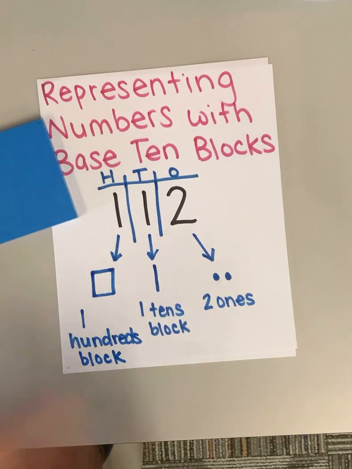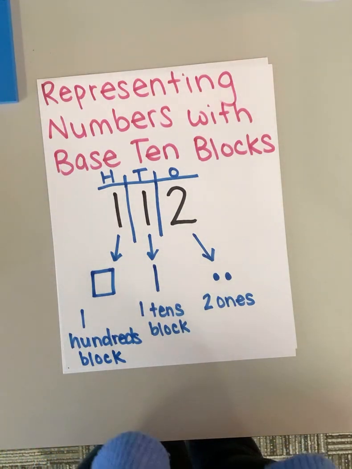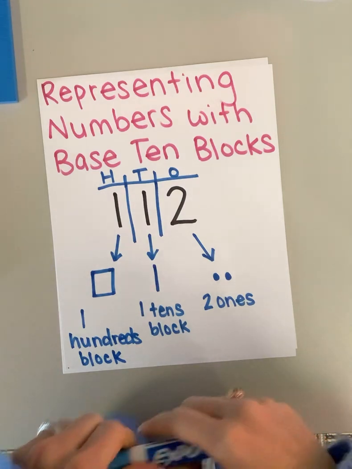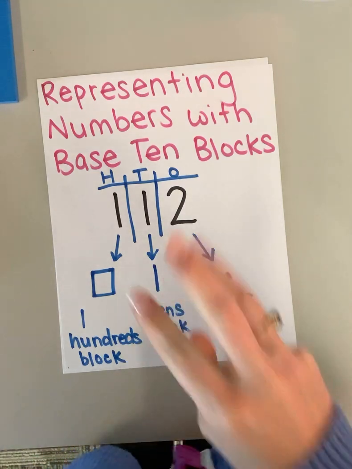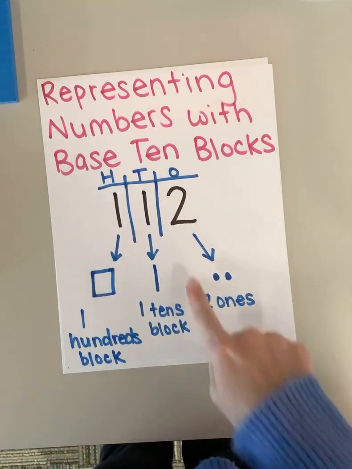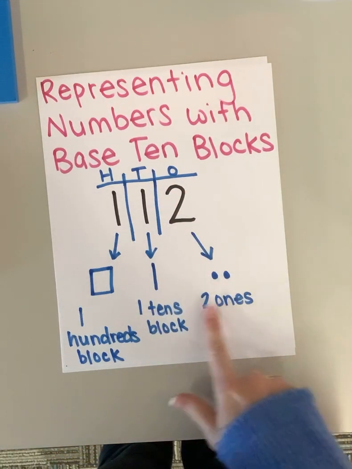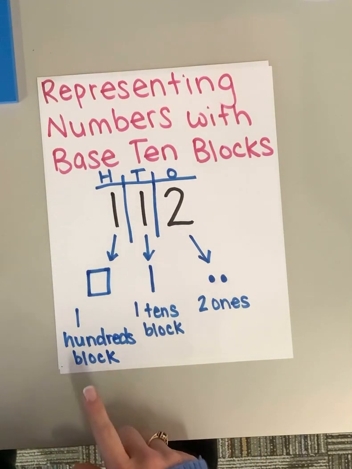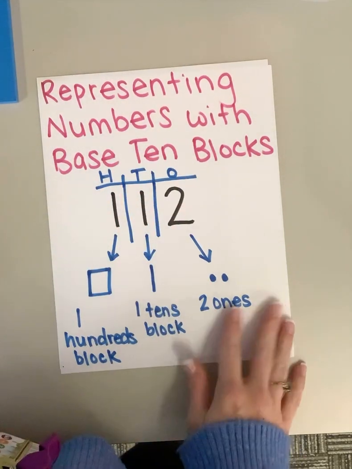Okay, so we are learning today that we use different manipulatives for base 10 blocks when we have 3 place values. We already know our previous knowledge of ones and tens, but we're adding on to it and we're learning how to use a 100s block for those 3-digit numbers today.